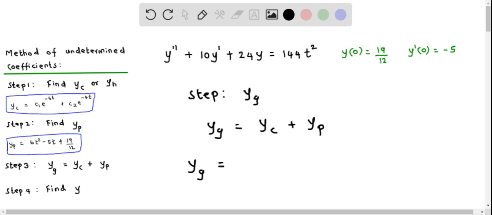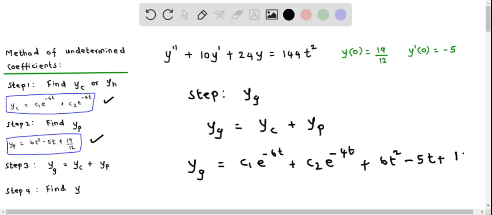So I replace yc with c1 e raised to the power of negative 6t plus c2 e raised to the power of negative 4t, plus the expression for yp, that is 6t squared minus 5t plus 19 over 12. This is the general solution of the given differential equation, and this completes step 3.